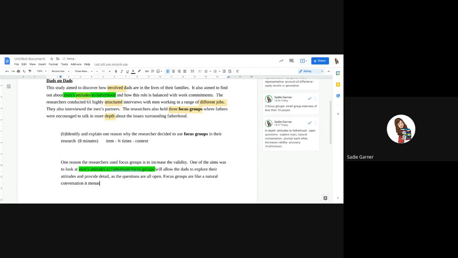It means the other dads can prompt each other and aid memory recall.